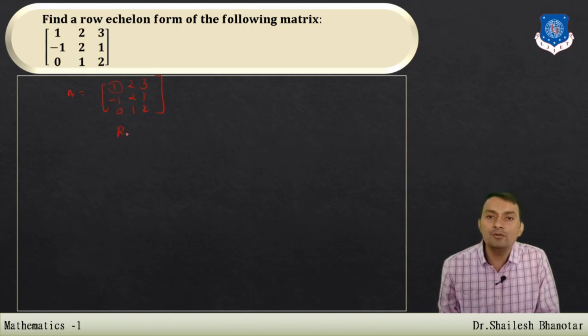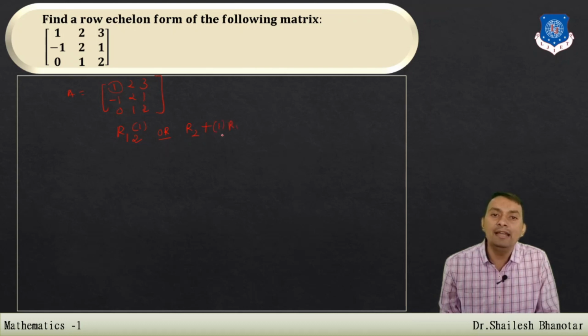So I multiply the first row by 1 and add it to the second row. In other words, I want to make a 0 here, so I write R2 plus 1 times R1, adding to R2.